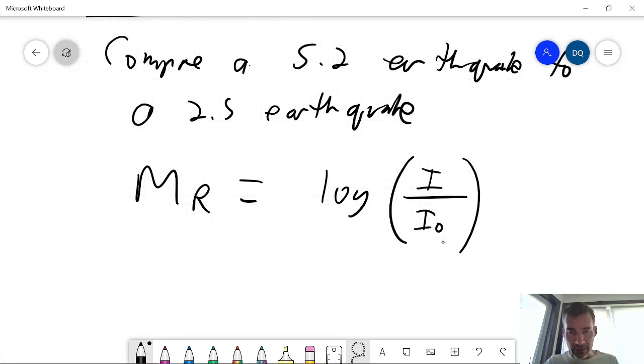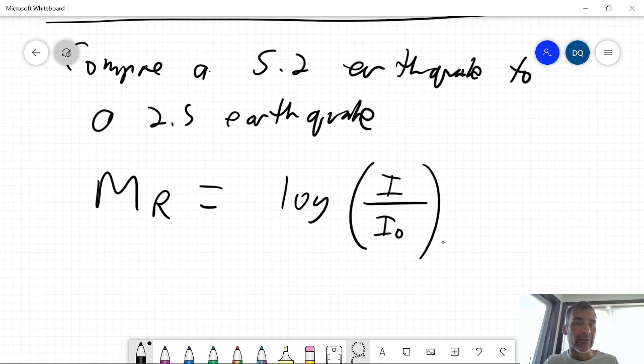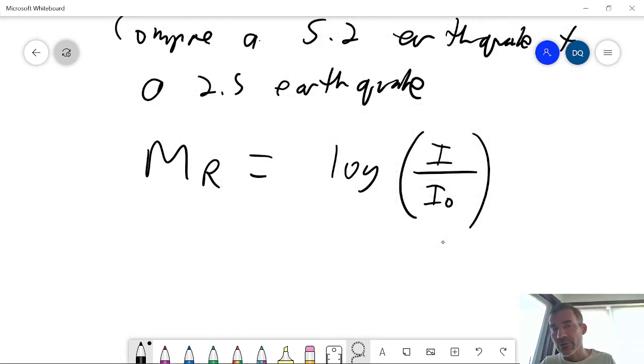So if I0 was the lowest level detectable, then if you have an earthquake of magnitude I0, then I0 over I0 is 1, the log of 1 is 0, that would be 0 on the Richter scale. Because it's the base 10 log, every time you go up by 1, that's a 10-fold increase. So if you go up by 2, that's 100. If you go up by 3, that's 1,000.